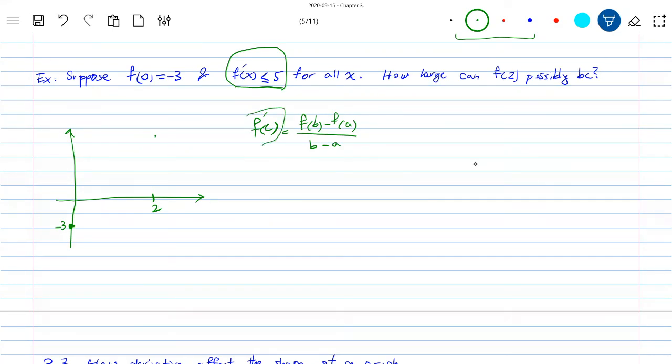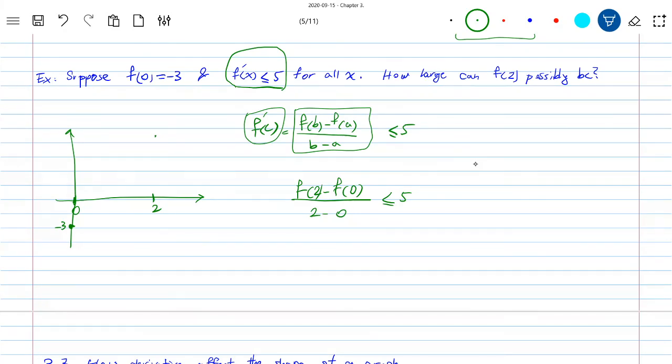That means this is always less than or equal to 5. So what do I know? The point B is 2. You have 0 for A, B is 2. So you can replace that and say f of 2 minus f of 0 divided by 2 minus 0 must be less than or equal to 5.